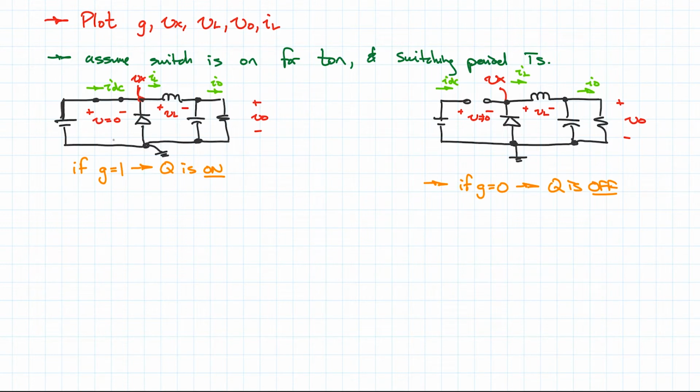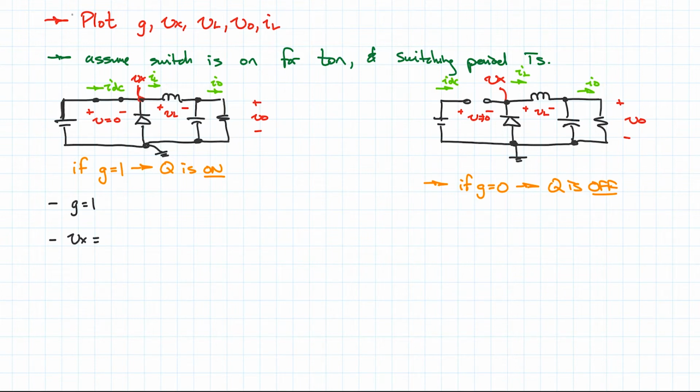So let's take a look at the circuit on the left first. In the circuit on the left, what are we interested in? We have G, G equals 1. What else do we want? We want Vx. What does Vx equal? Vx is exactly equal to VDC, because this is short. Now what's happening with this diode?